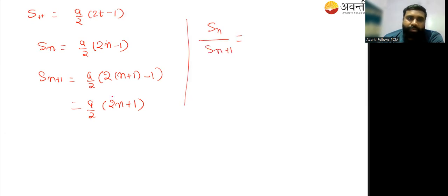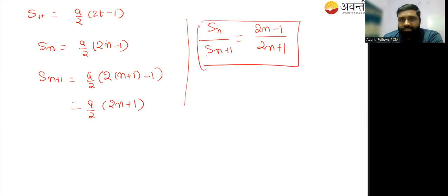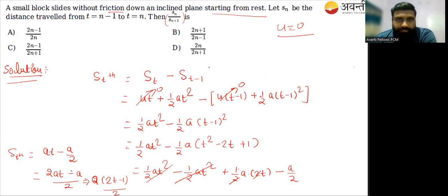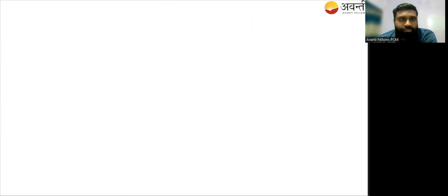You have 2n minus 1 divided by 2n plus 1, because A by 2 and A by 2 will cancel out each other. So this is the relation that you will get. So option C is the correct answer. Move on to the next question.